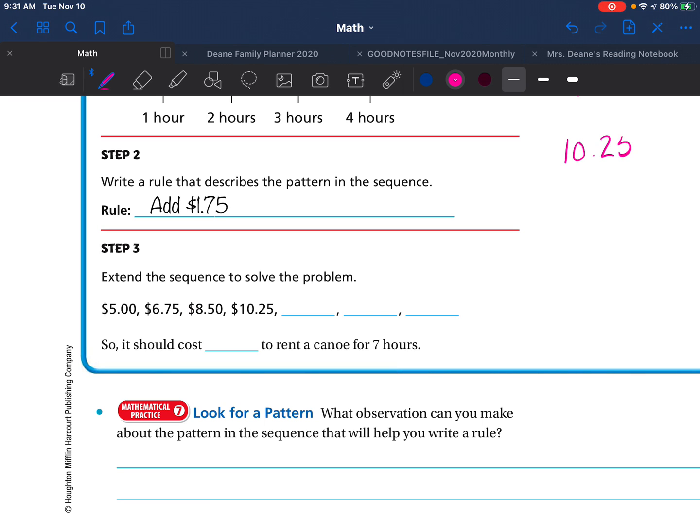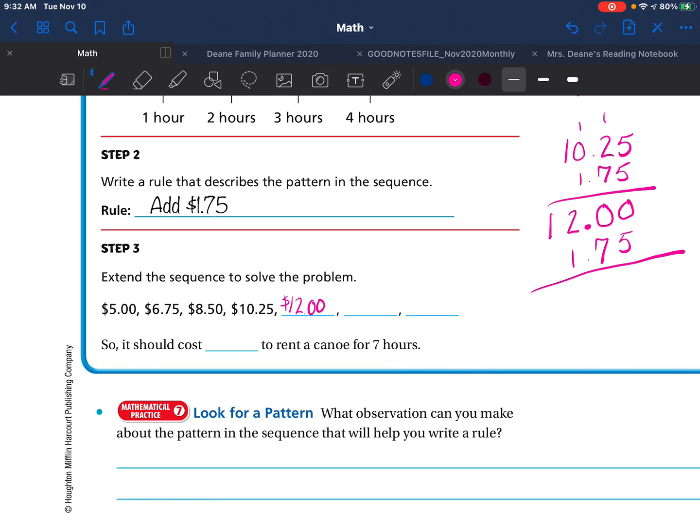So I'm going to come over here on the side and write $10.25, and I'm going to add $1.75. 5 plus 5 is 10. 1 plus 2 is 3. 3 plus 7 is 10. Don't forget your decimal. 1 plus 1 is 2. And the 1 comes down. So the next number in our sequence would be $12.